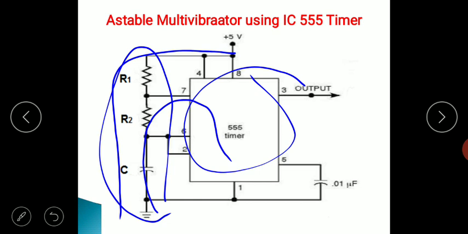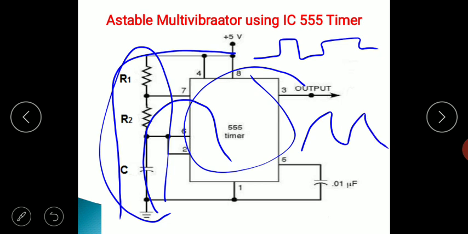Because of this continuous charging and discharging, we get almost a square wave at the output of the 555 timer, and we get almost a sawtooth kind of signal at pin number 6, that is across the capacitor.